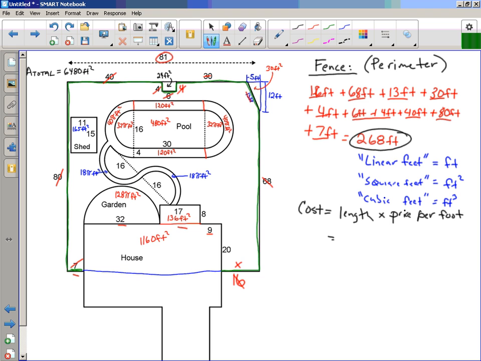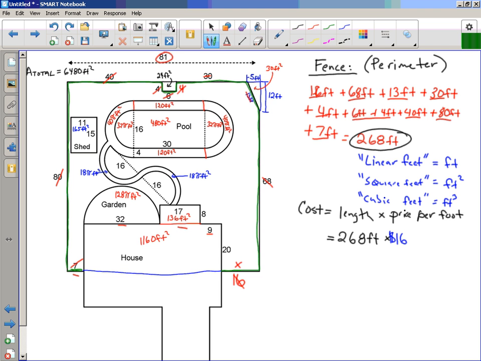So that's going to be the 268 feet times the $16, and that's dollars, so that's the unit there.